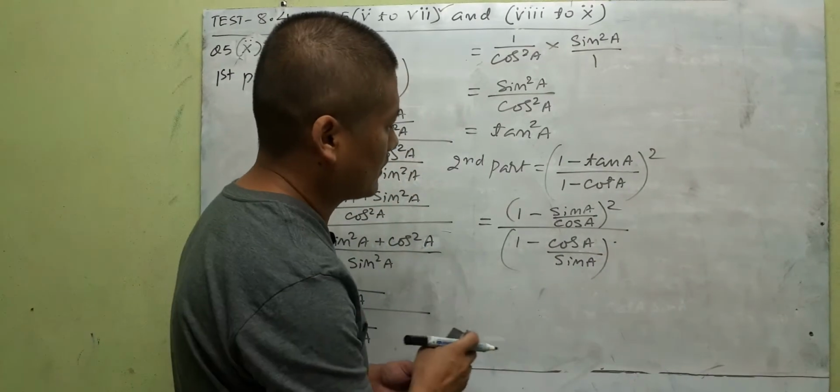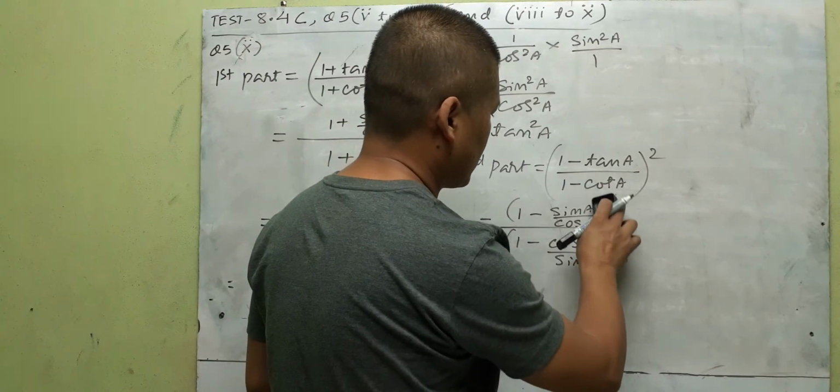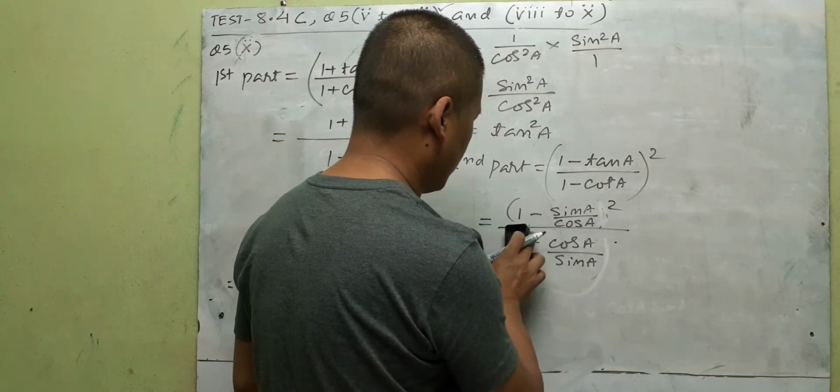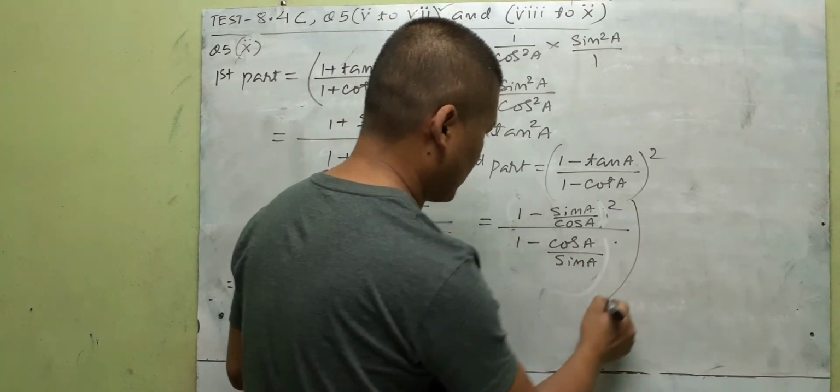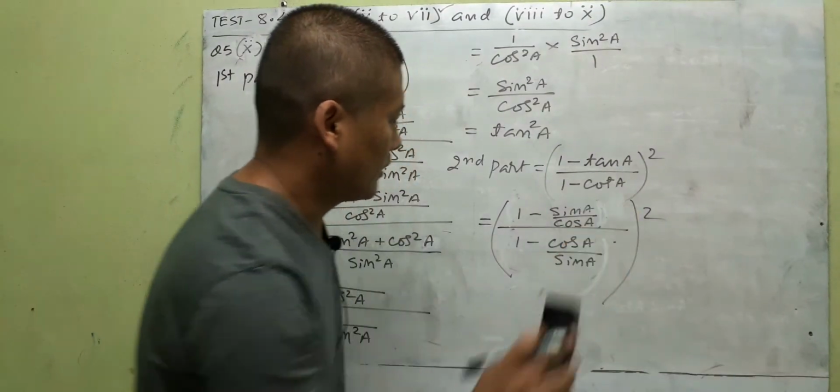Okay, we can just do it like this also, or you can just write it as we have been doing in the text. It will be easier for you, I think. So the square will not be there right now.